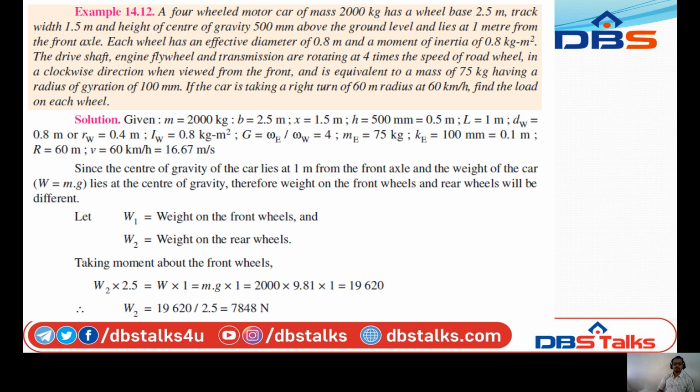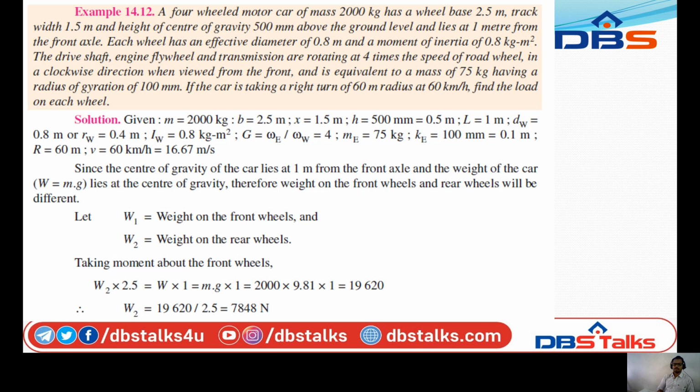The height of the center of gravity is 500 mm above the ground level, and it lies at 1 meter from the front axle. Each wheel has an effective diameter of 0.8 meter and a moment of inertia of 0.8 kg meter square.